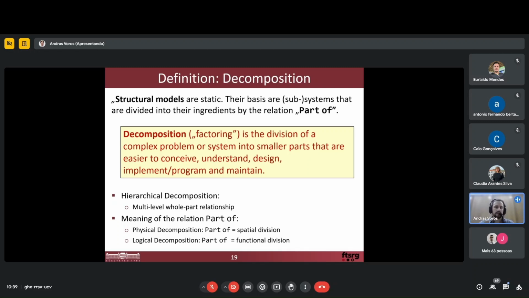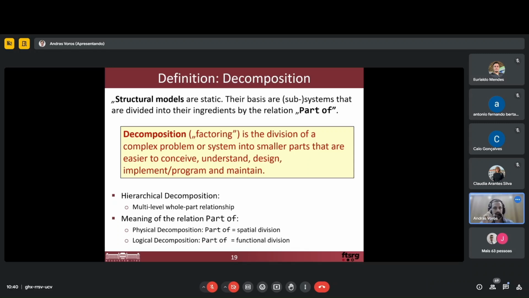And it is very important to find the meaning of the part of relation, because you can think about it as a physical decomposition. So when you are developing hardware components together, that can be a physical decomposition. So in this case, part of is a kind of spatial division.